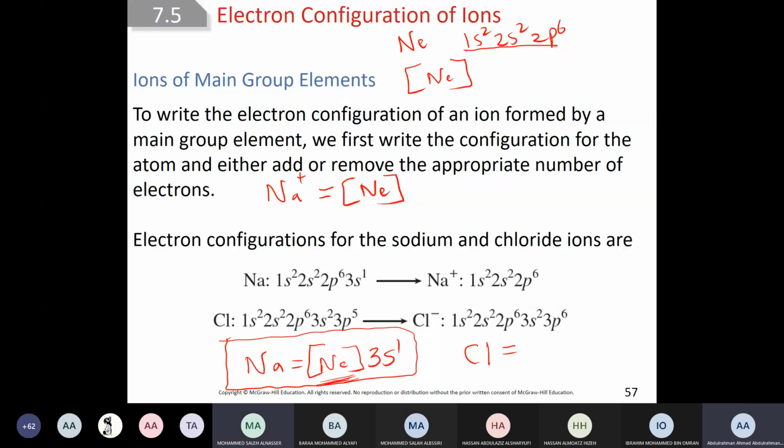1s2, 2s2, 2p6, 3s2, 3p5. I wanted to make it the short form.